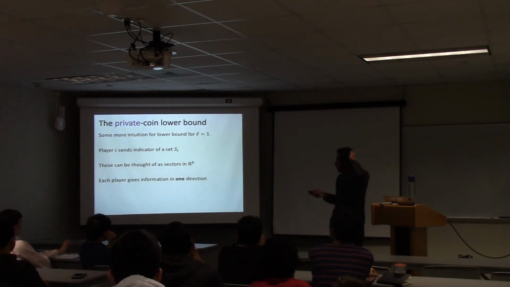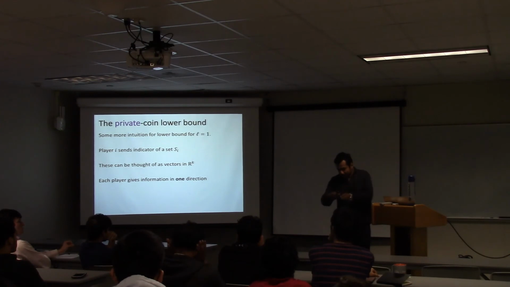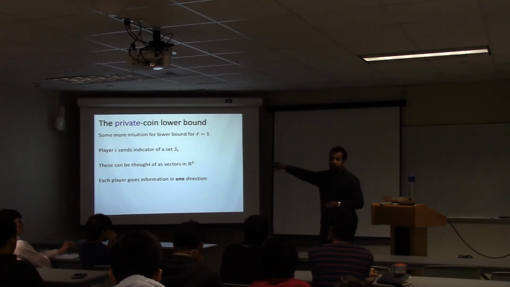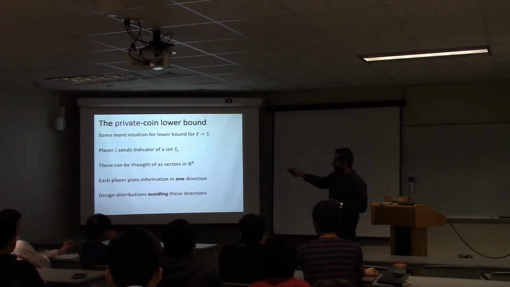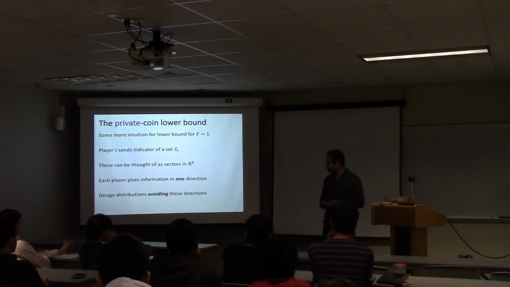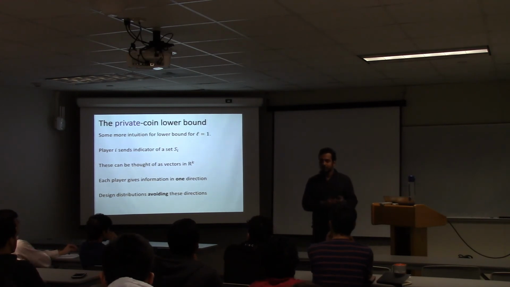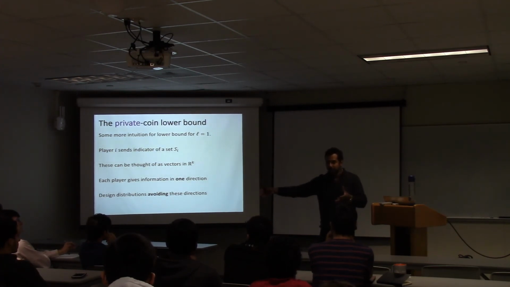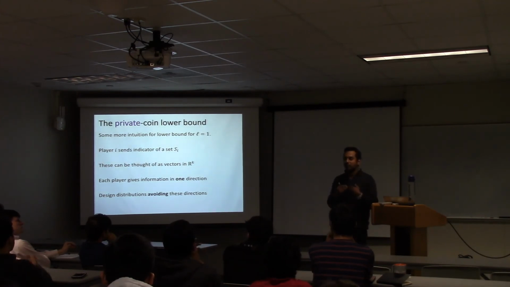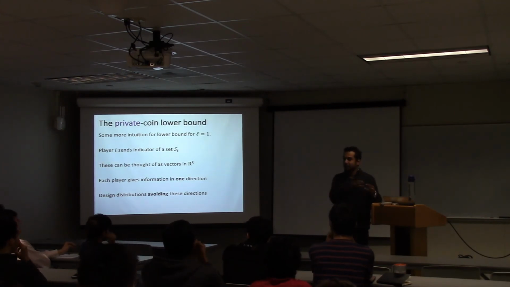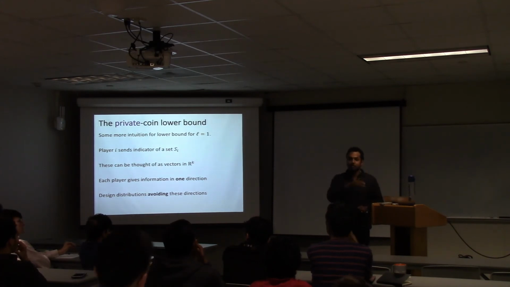Each player is giving us information about one of these directions, about the set that it has. The entire work goes into showing that we can design distributions that are far from uniform and avoid these directions in which you are getting information. Once your private coin protocol is fixed, there are some directions in which you are getting information. We'll show that it's possible to avoid those directions by constructing another set of distributions that are all far from uniform. That's the essence.